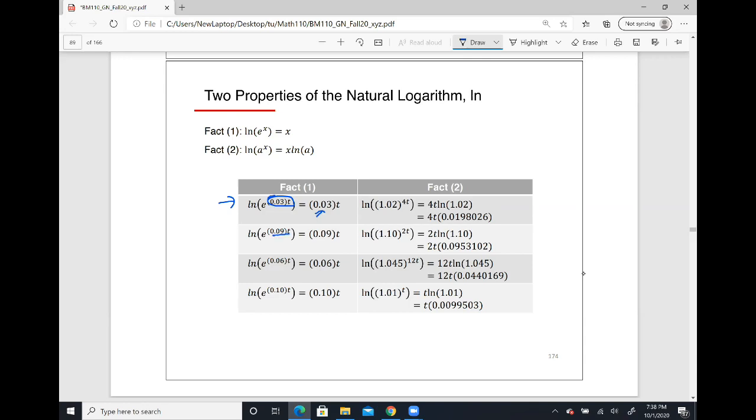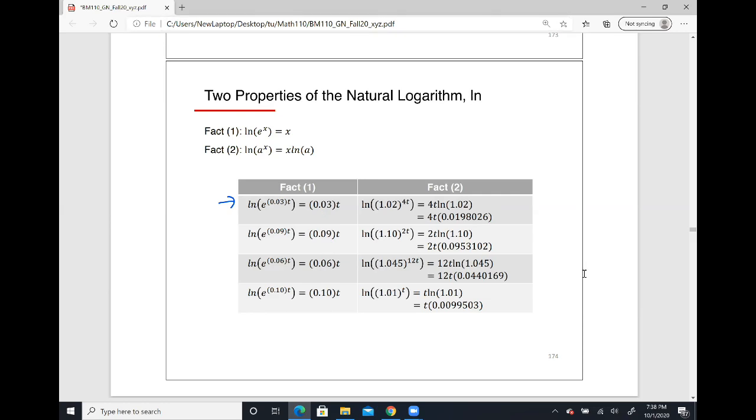And similarly, 0.09t here. Remember, that's because the base e can be eliminated by the hidden base, which is e in the natural log, so the answer is just the power of e.